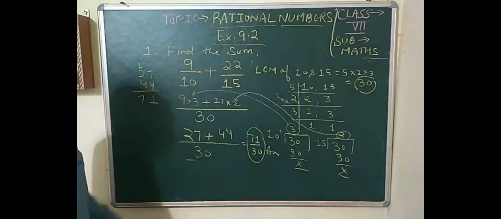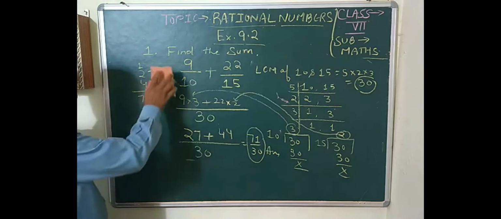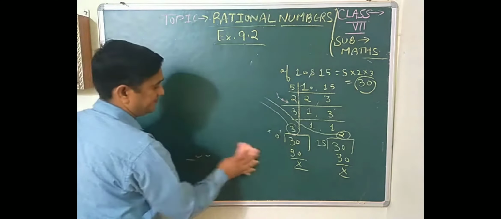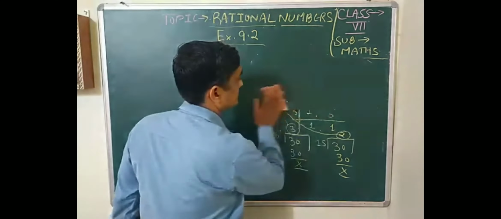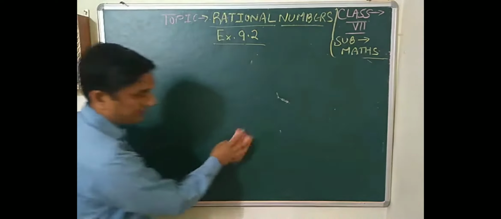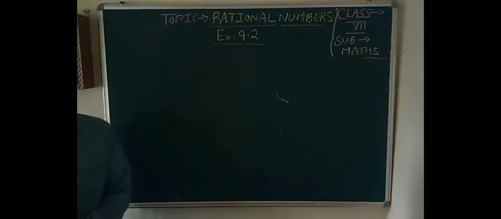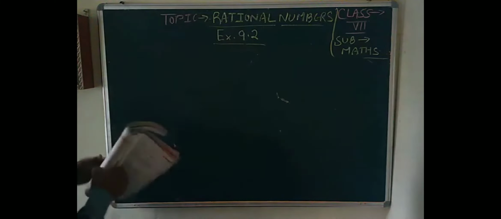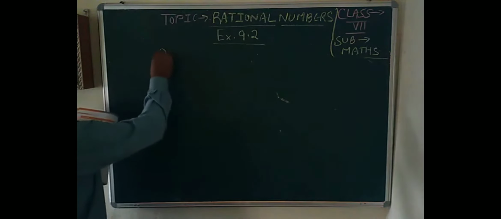Now children, question number 2. What we have to do? The same thing. Find or simplify. Question number 2.